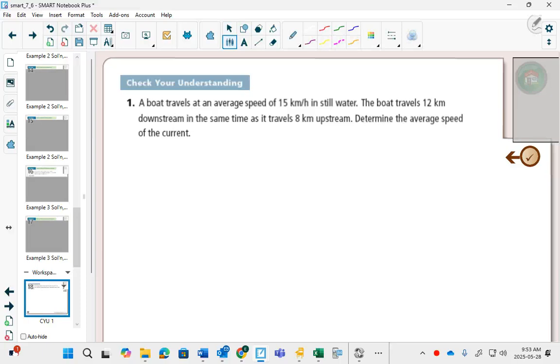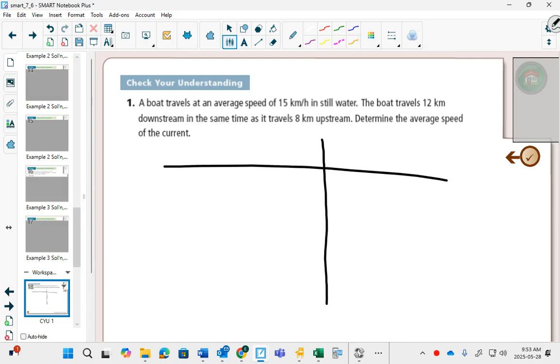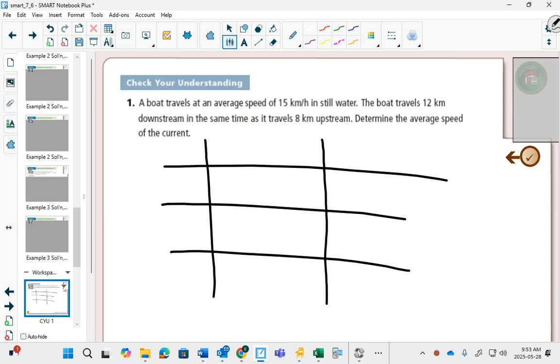They like water ones where it goes upstream and downstream. So we set up a chart with distance, speed, and time. And we're going upstream and downstream.